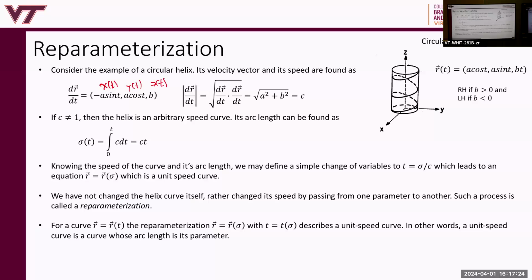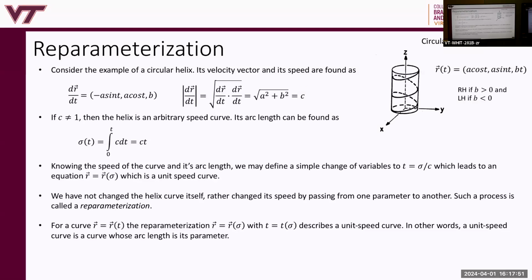So we can see the velocity vector, or the tangent vector, always has a constant z component, and the xy components change according to these functions. Then we can find the speed v by finding the magnitude of that vector, and what we find is the square root of a squared plus b squared, and we're going to call that c.